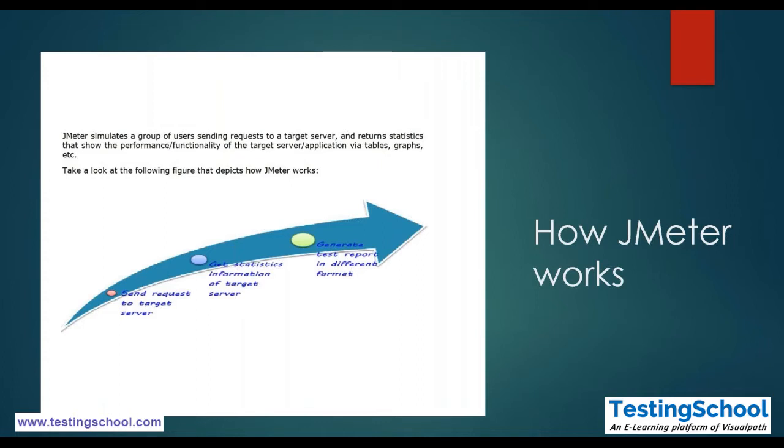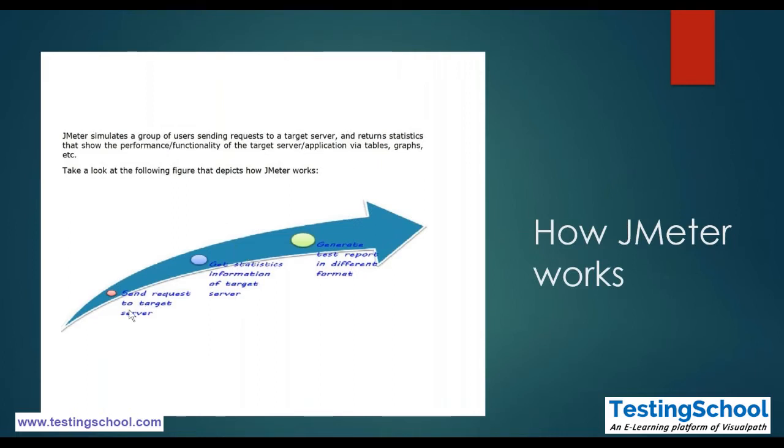How it works is JMeter will be installed on your system, and with your script it will hit the application and the test server. When the server responds to the JMeter request, JMeter collects the statistics and shows them in different types of listeners depending upon your configuration.